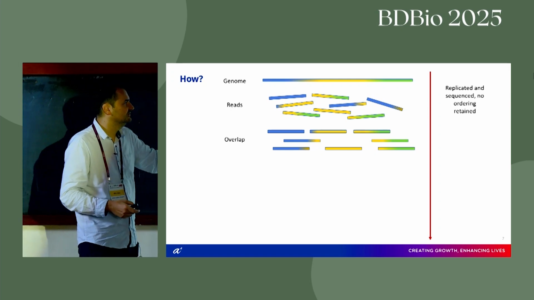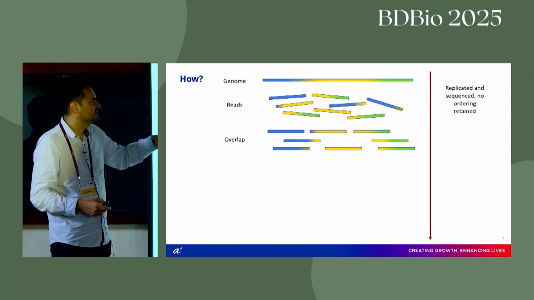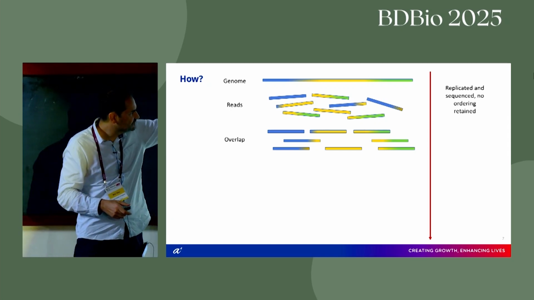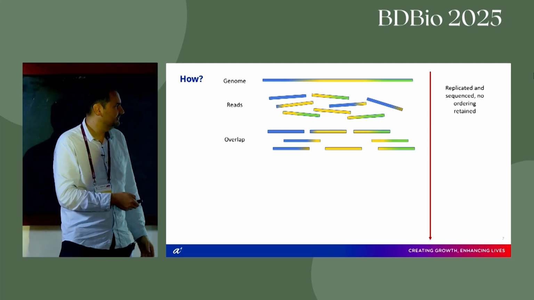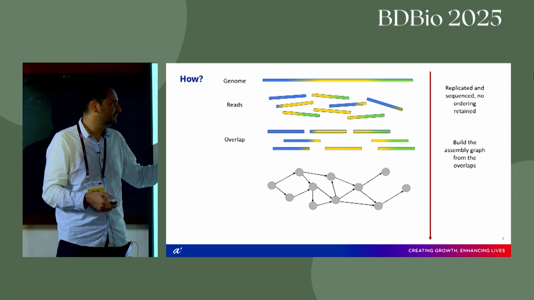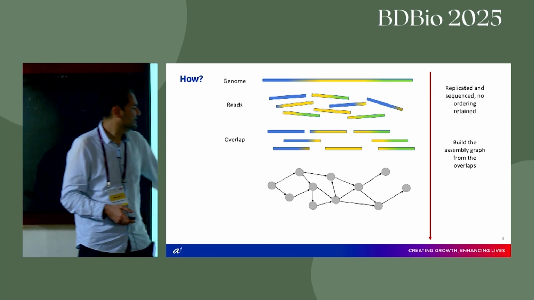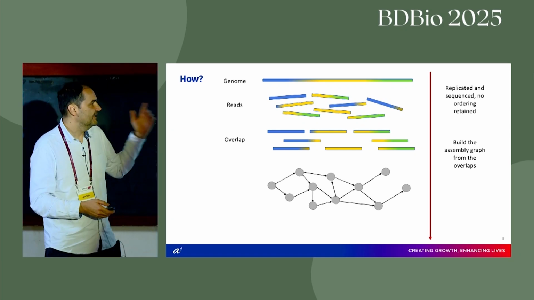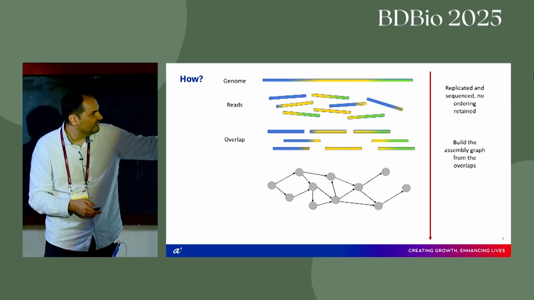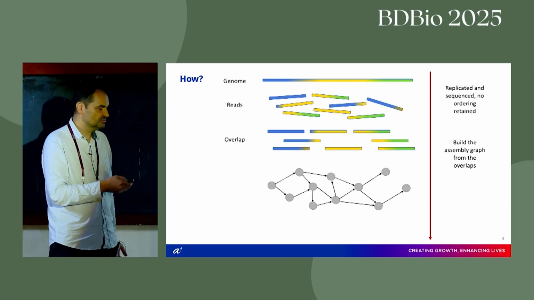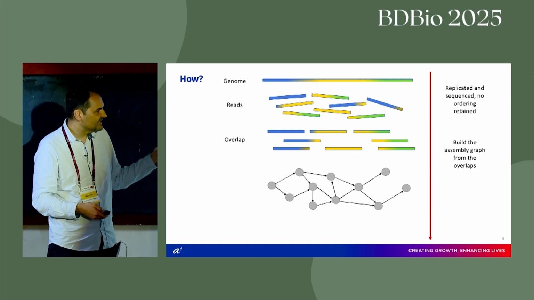There is another approach I use, overlap layout consensus. The idea is to find the good overlaps, then construct the graph, in a way that nodes are reads and the overlaps are edges. Theoretically, if you can find the path in the graph, you can reconstruct the genome. The biggest problem is how to find the real path.